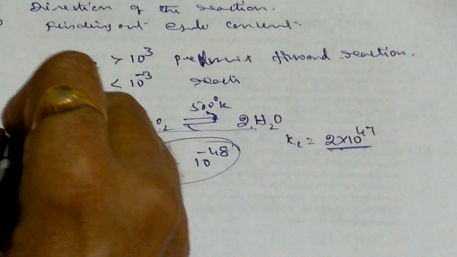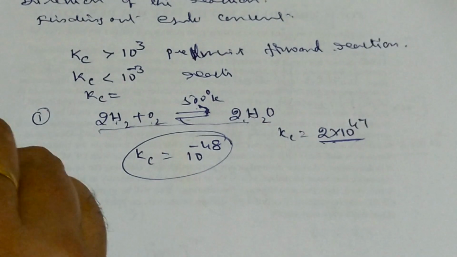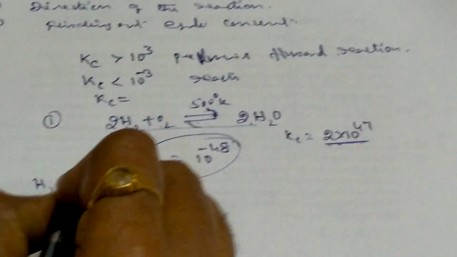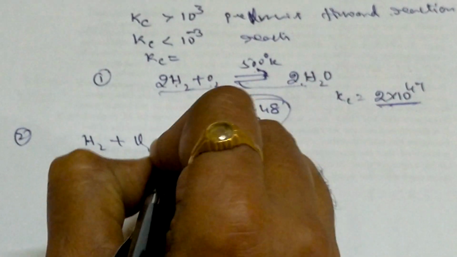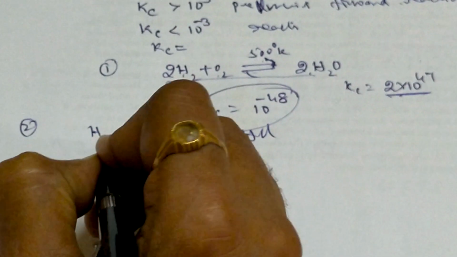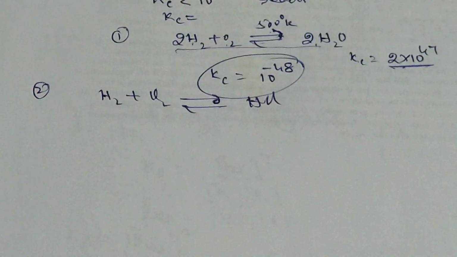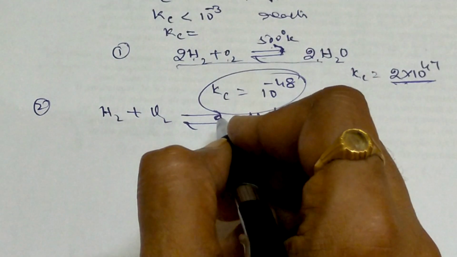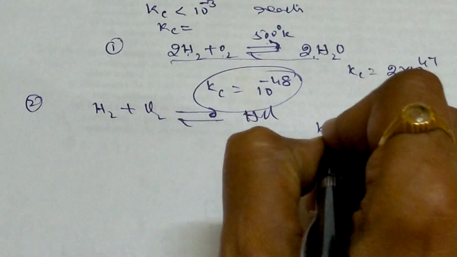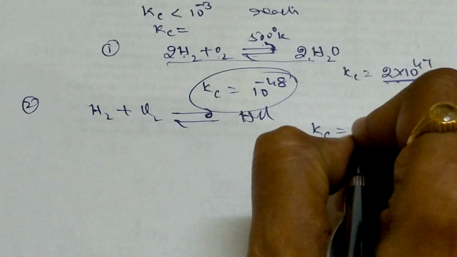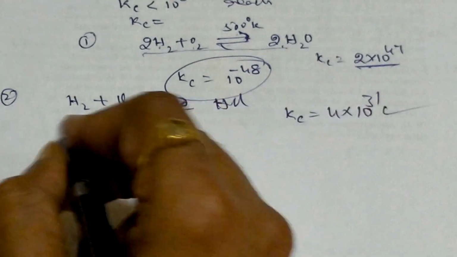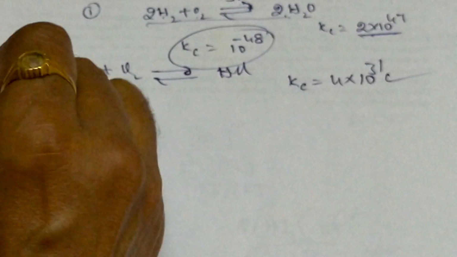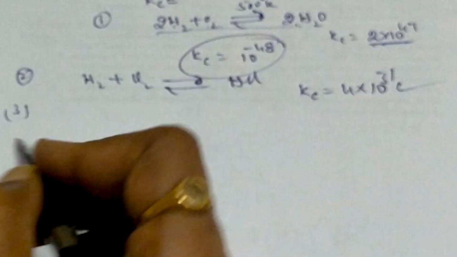One more example. This is the first example. Second example: hydrogen plus chlorine gas gives hydrogen chloride, all are gases only. This Kc is roughly 4 into 10 power 31. That means the forward reaction is very predominant, so this is feasible.